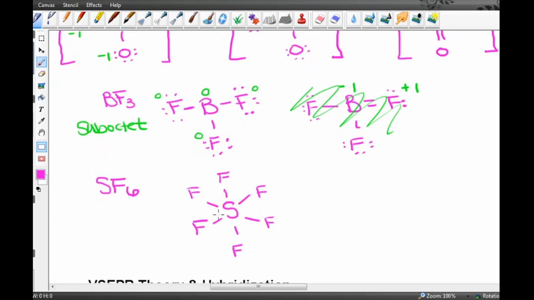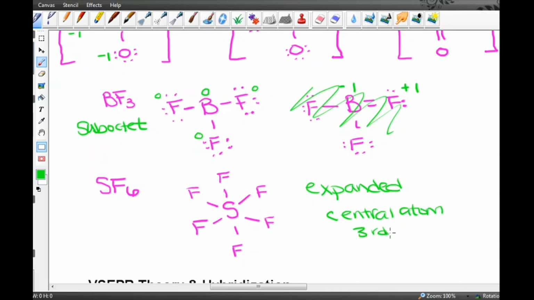Check your formal charge on your sulfur. 6 valence electrons minus your 6 bonds. That would give you a formal charge on your sulfur of 0. And if we bothered to draw in all of our electrons on the fluorines, you would find that they are all 0 as well. So it is possible to also have expanded octets as long as the central atom is in the third period or beyond.